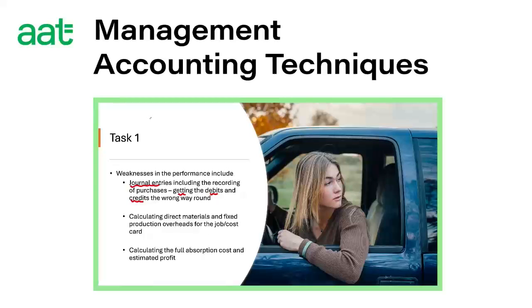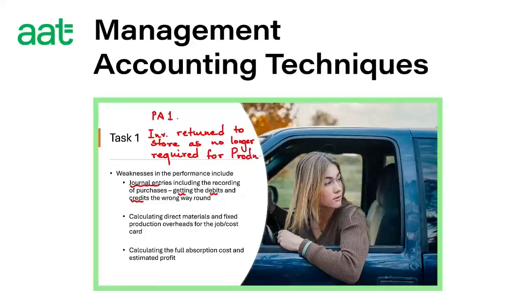If you've looked at AAT's practice assessment 1 on their learning portal, for example, they say if inventory was returned to the store because it was no longer required for production, what would be the double entry here?